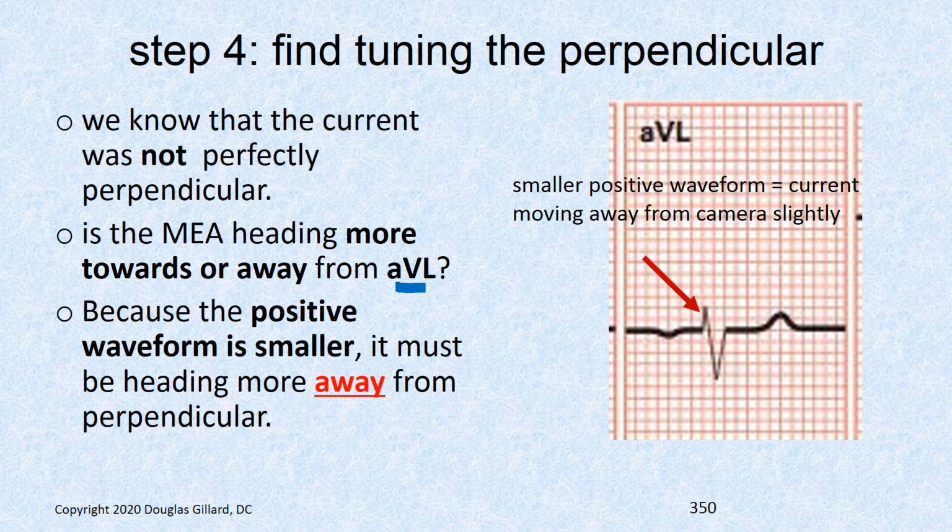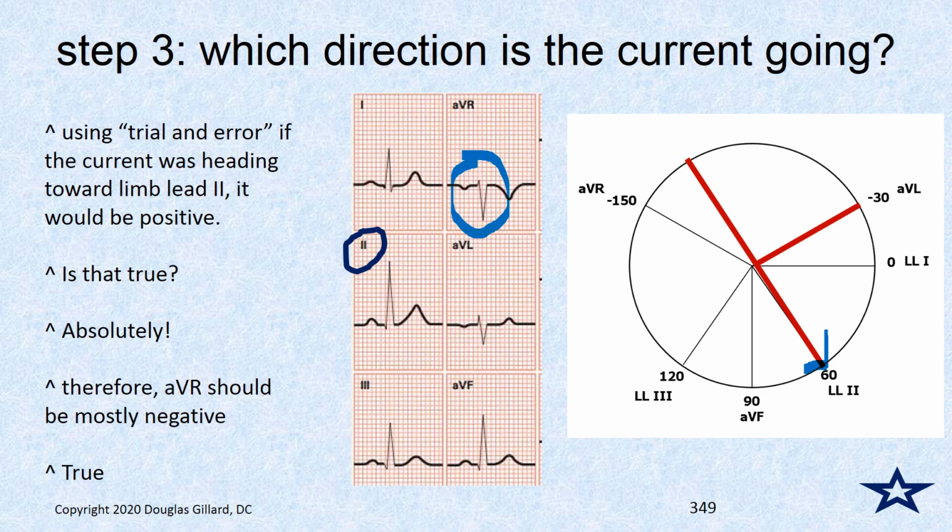That goes back to that basic thing I said. Here's the view that AVL has drawn for you. So is the current moving toward or away? Well, if it draws a small positive portion, that tells you the current is heading more away from it. And so in this scenario, what would be heading more away from the current?